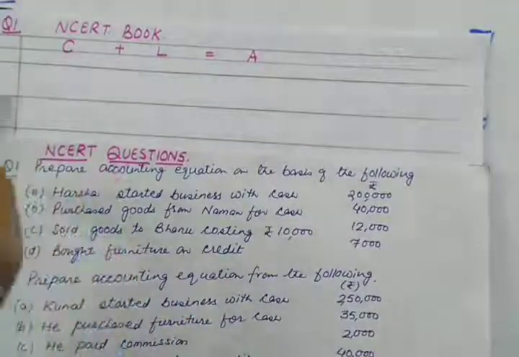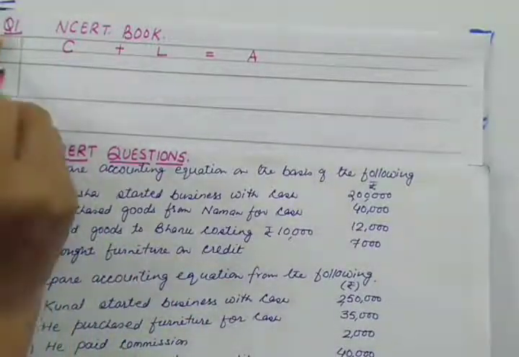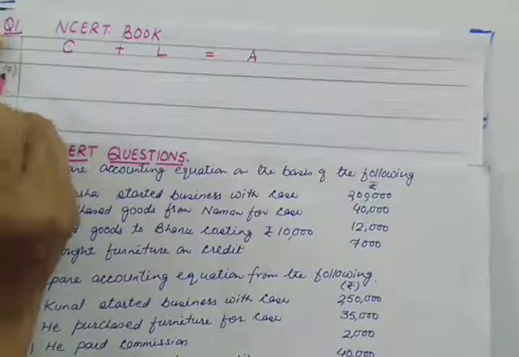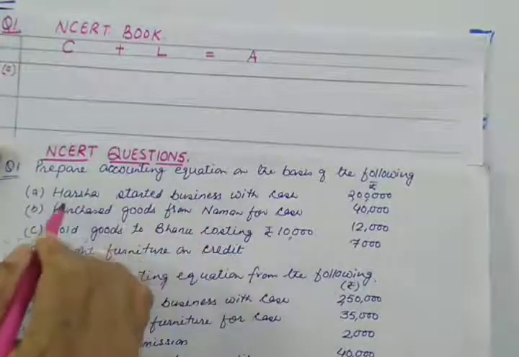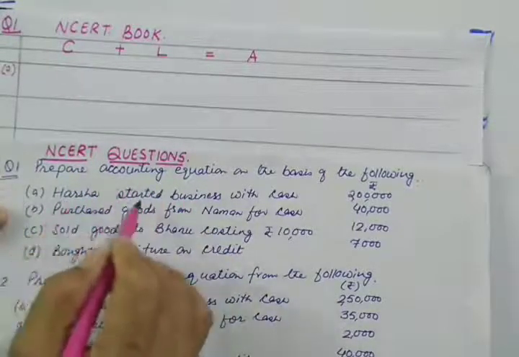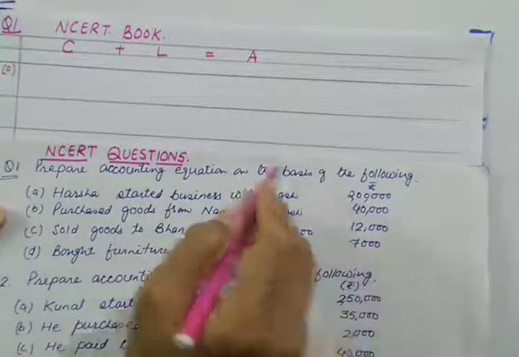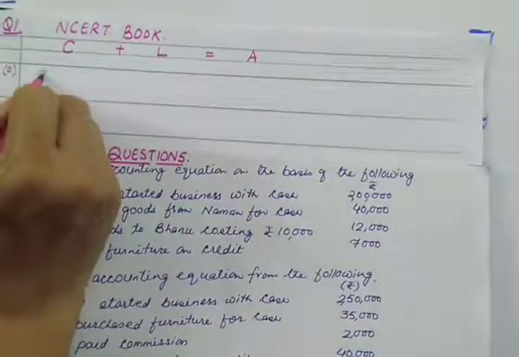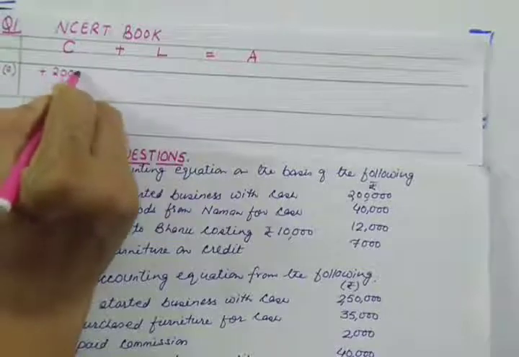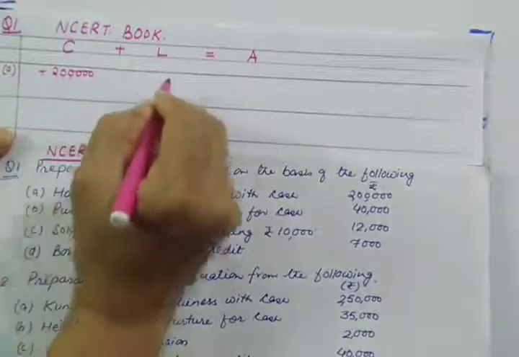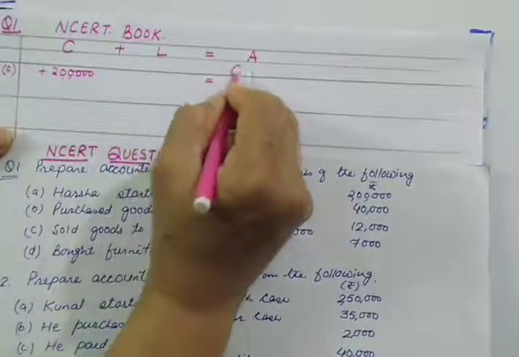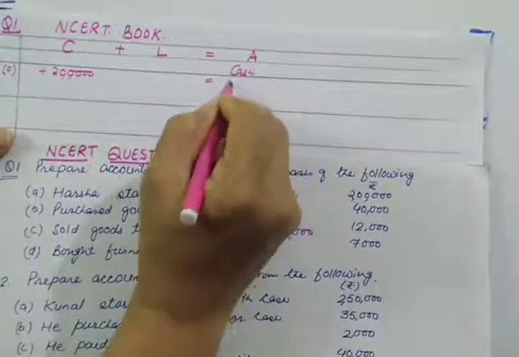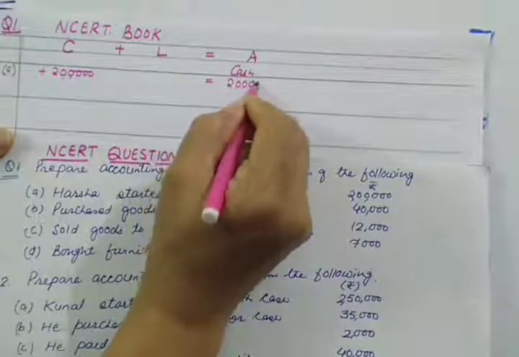from this line. So first numerical A part of this is prepare accounting equation on the basis of following. Harsha started business with cash. So this will be added to capital rupees 2 lakhs as well as your cash will increase by 2 lakhs.